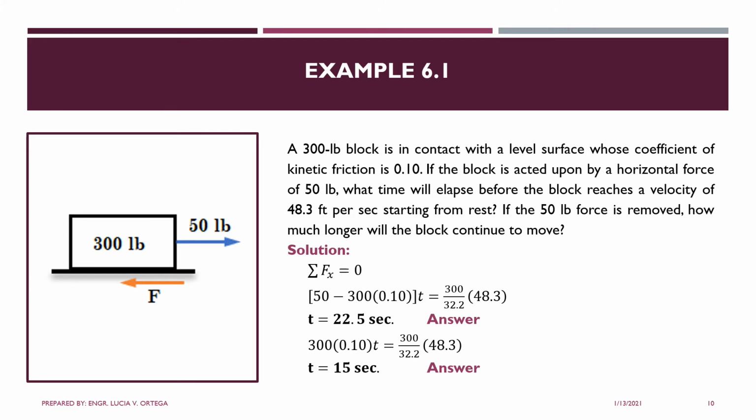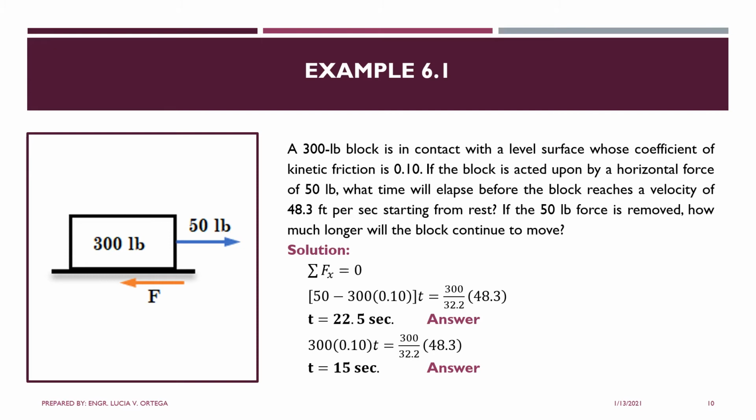The next question is, how much longer will the block continue to move? So the body is already in motion. Definitely, even if you remove the 50-pound force, it will still continue the motion for some time. So how much is that?